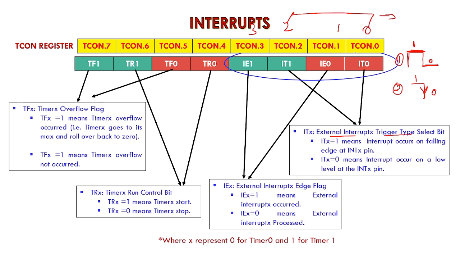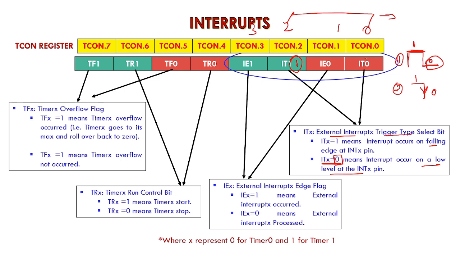If you do not specify it, by default it is 0, and the interrupt occurs at low level at the interrupt pin, that is low level activation by default. Suppose you want to work in edge trigger, falling edge, you want to enable this bit as 1.